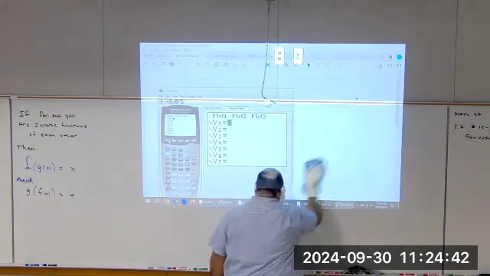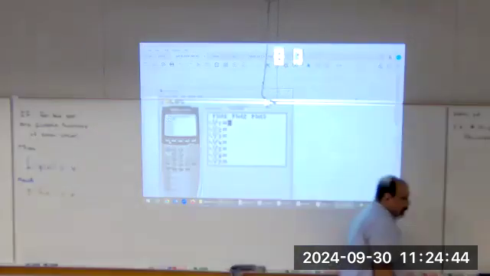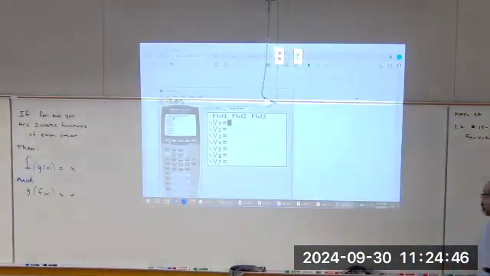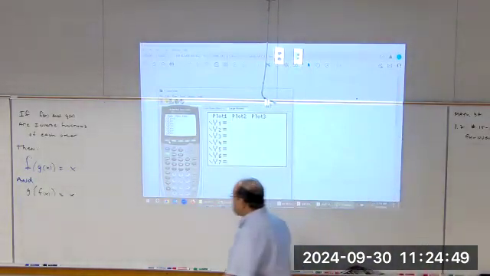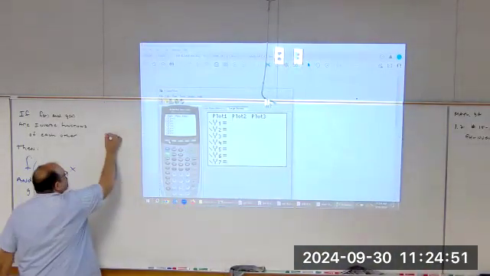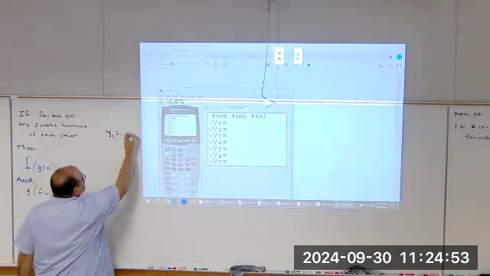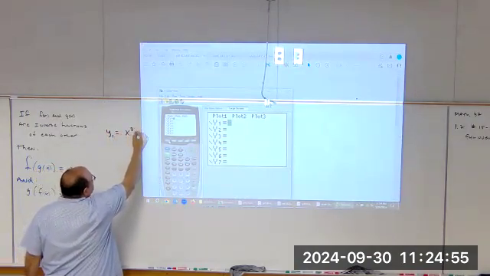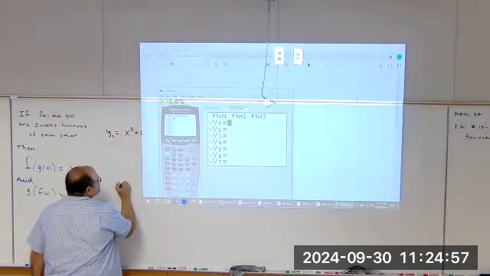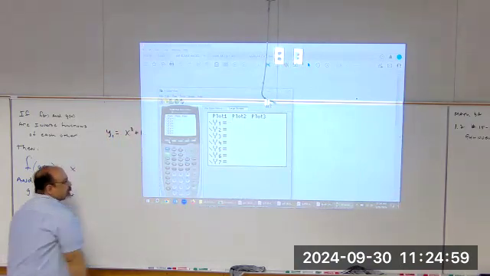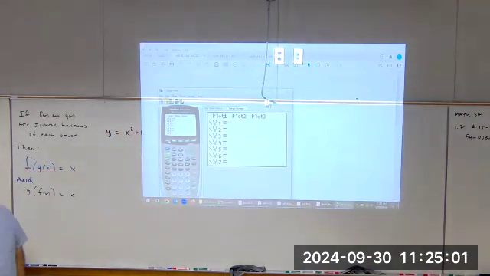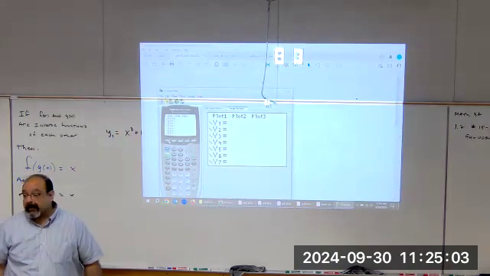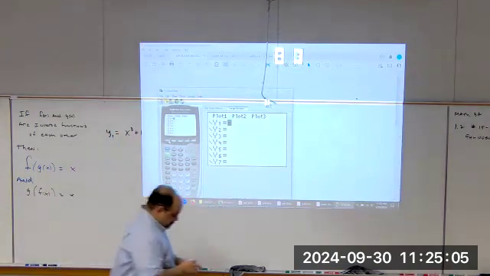Just be patient with me. I'm going to graph this function. I'm going to punch in y sub 1 equals x to the 3rd plus 1. And then I'm going to show you how I can get the inverse of it.